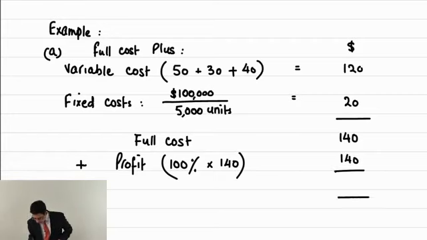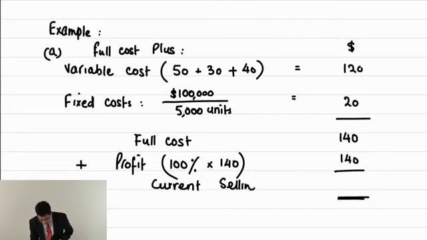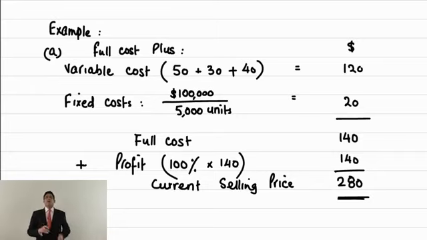And at the moment, current selling price is $280. That's the current selling price. Okay, requirement A done. So they are selling whatever number of machines at $280.